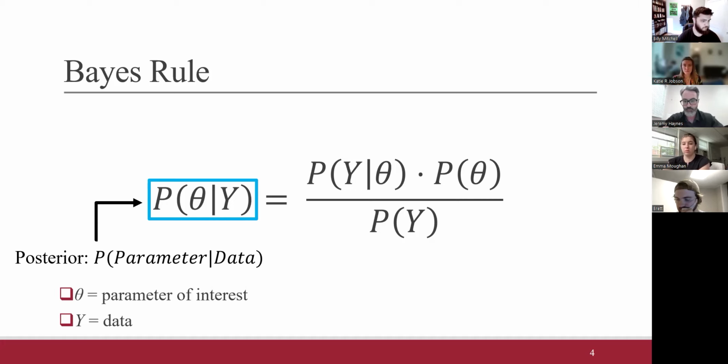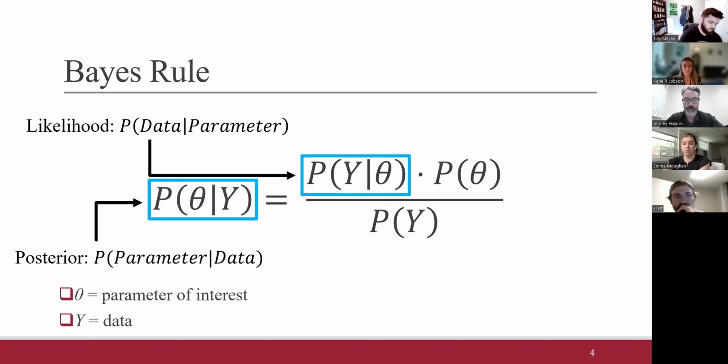And with Bayes' rule, we can estimate this posterior distribution. So on the right-hand side in the numerator, we have the likelihood. This is the probability of our data given a parameter. And this is the most closely related aspect of the equation to a frequentist framework. This is actually what we usually estimate when we're using frequentist statistics.